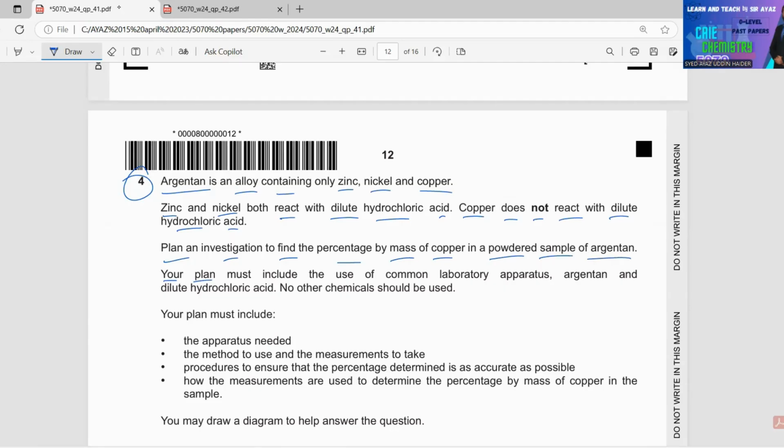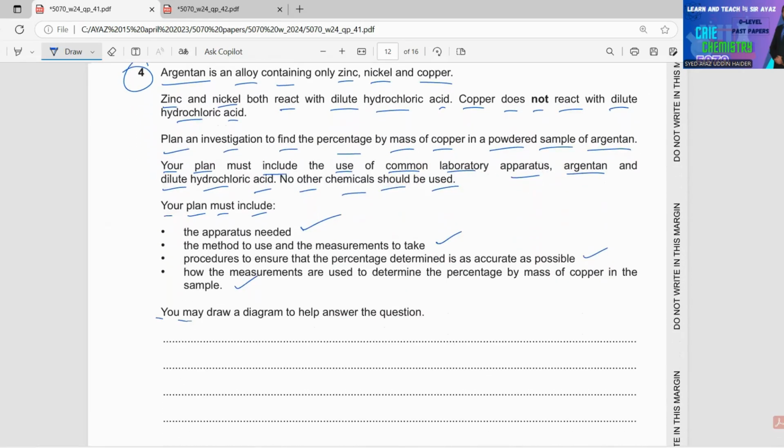Your plan must include the use of common laboratory apparatus, Argentine, and dilute hydrochloric acid. No other chemicals should be used. Your plan must include the apparatus needed, the method to use, and the measurements to take, procedures to ensure that the percentage determined is as accurate as possible, and how the measurements are used to determine the percentage by mass of copper in the sample. You may draw a diagram to help answer the question.